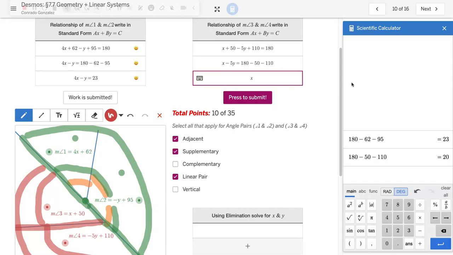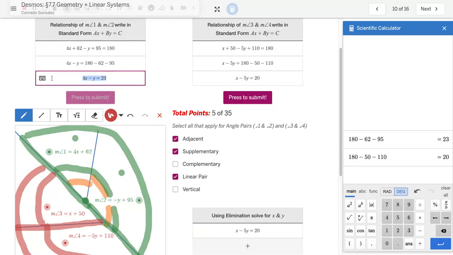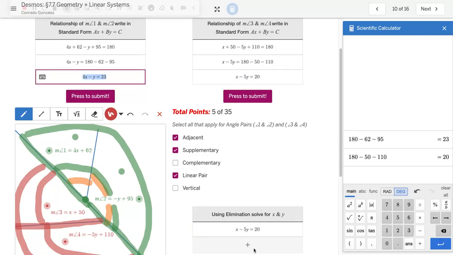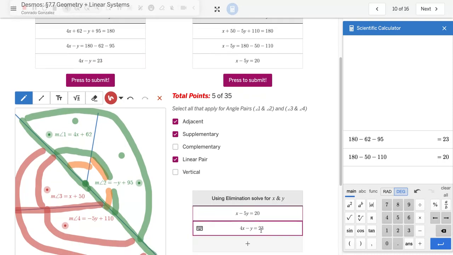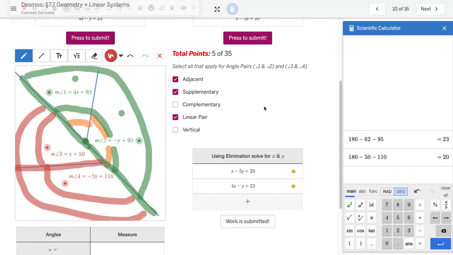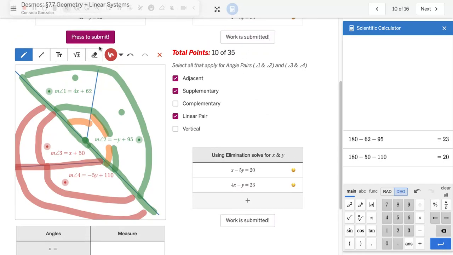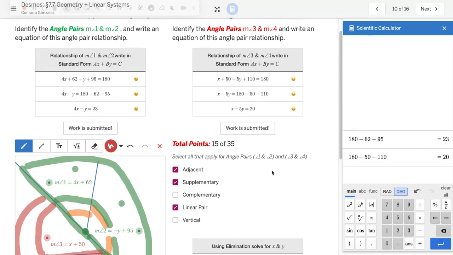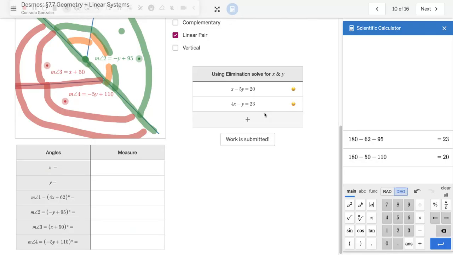So it's x minus 5y equals 20, and I'm going to check my work, and there it is. I want to copy these equations to my other table so that I can use elimination to solve. I'm going to press submit up here. Don't forget to press submit because you'll lose your points.